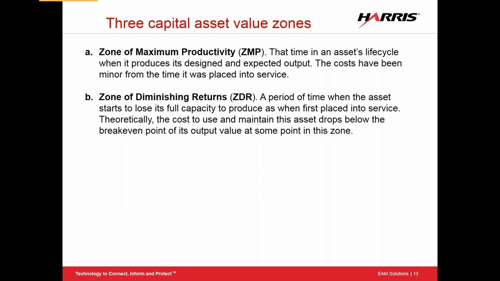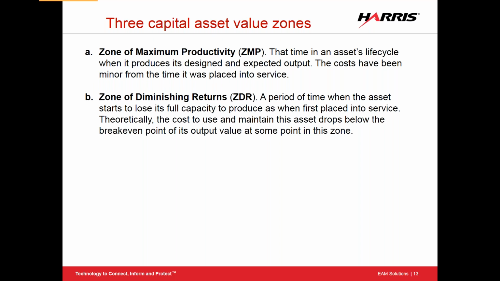And then it gets into this period of diminishing returns, and it starts to lose its capacity, but you're going to hang on to it because the costs are still tolerable. You're still going to put up with it. In a lot of cases, you have this gut feeling that it's going to hang on, it's going to work for you, and you want to keep it around. There's a sentimental value sometimes related to some of these things.